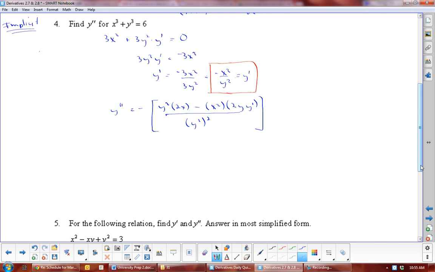Okay, let's just get some stuff together here, or just make it a little neater. Just in alphabetical order, that's 2xy squared.